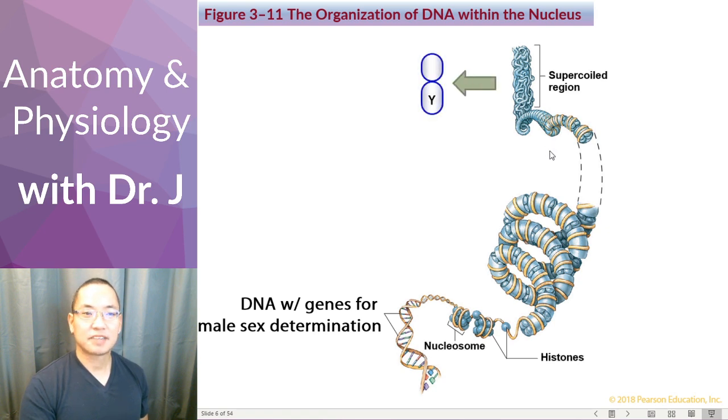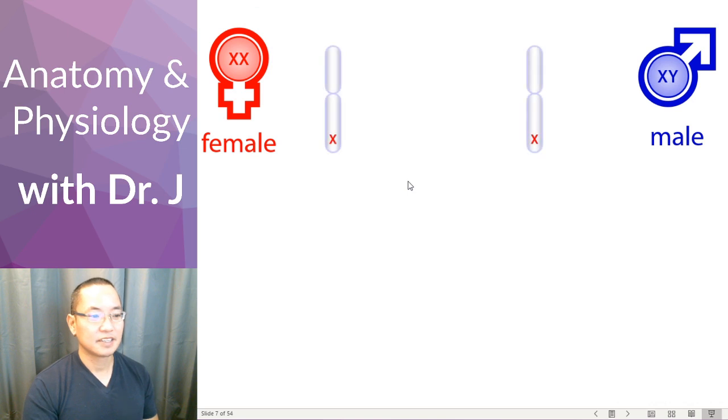The chromosome that contains the genes for male sex determination is the Y chromosome. Females and males both have at least one X chromosome, but females have two X chromosomes, whereas a male has an X sex chromosome and a Y sex chromosome.